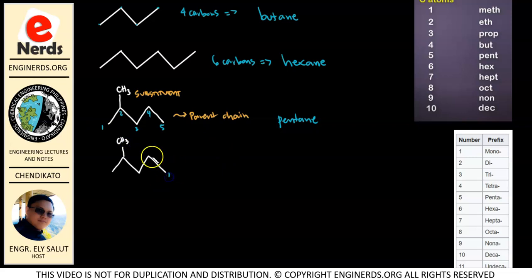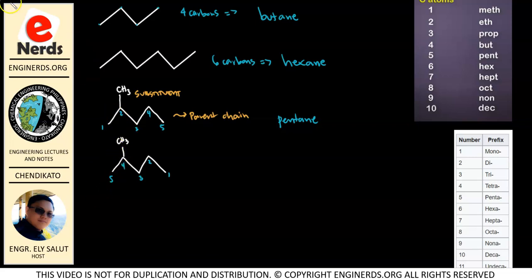So, I have 1, 2, 3, 4, 5. Okay? Now, in naming alkanes or hydrocarbons, we need to mention kung saan ang location nitong ating methyl. Okay? So, we need to write kung saan ba dito sa mga carbons natin nakalagay yung ating methyl.